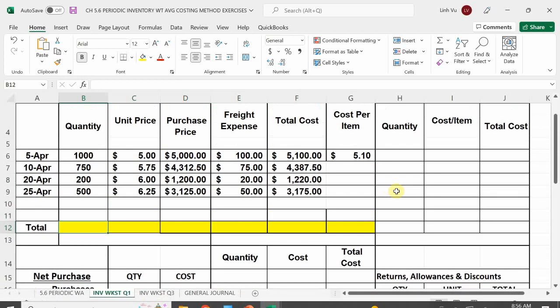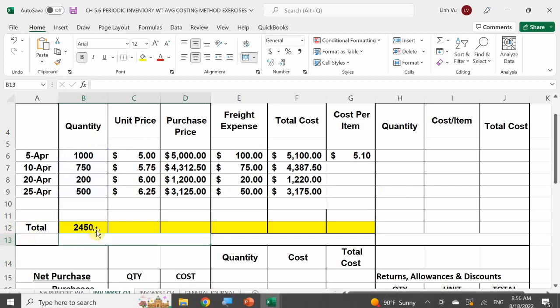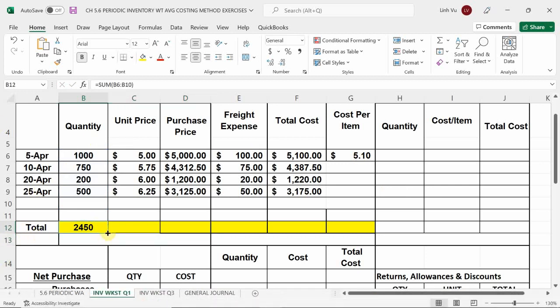So in this case, what was the grand total of units that I have purchased? $2,450. Okay. 2,450. What was my total purchase price?